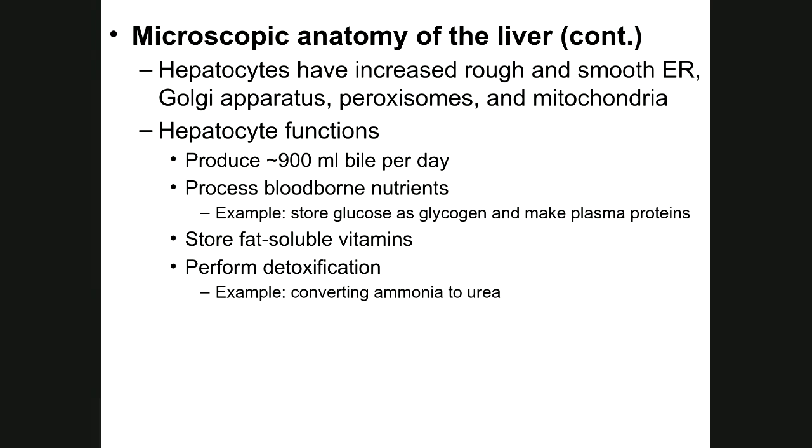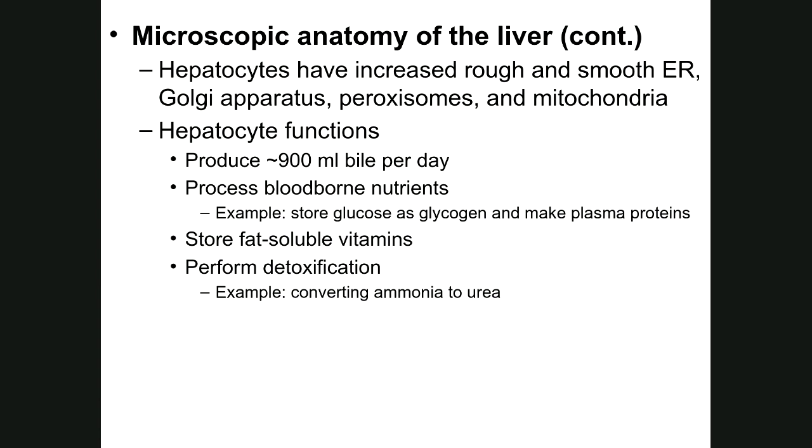The hepatocytes have increased rough and smooth ER, Golgi apparatus, peroxisomes, and mitochondria. They produce almost 900 milliliters of bile per day. They store glucose as glycogen and make plasma proteins, so they process blood-borne nutrients. They also store fat-soluble vitamins, and they perform detoxification.